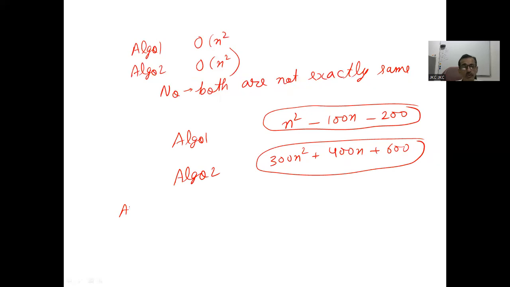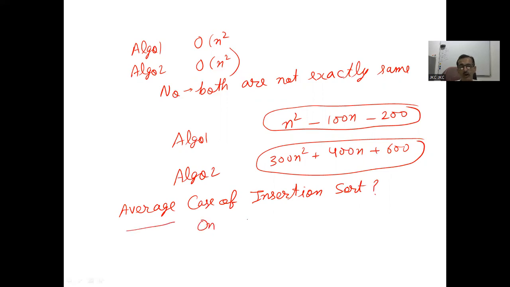I will leave it to you to calculate the average case also. Average case of insertion sort will mean that on average, it is neither best nor worst every time. What will be the time complexity? On average means, let's assume not best, not worst. So I will say on average, assume j by 2.